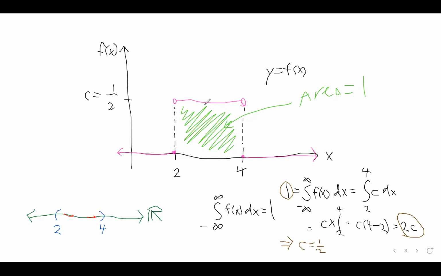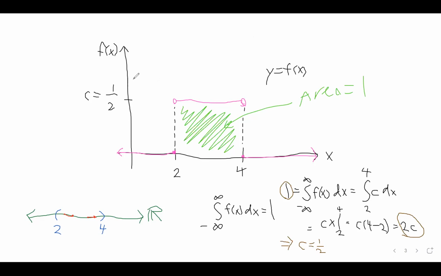What you need is that when you integrate this function from negative infinity to infinity, you get 1, because you need the area under the curve to be 1. That corresponds with a discrete random variable where you add up the probabilities of every possible value of x and you get 1.